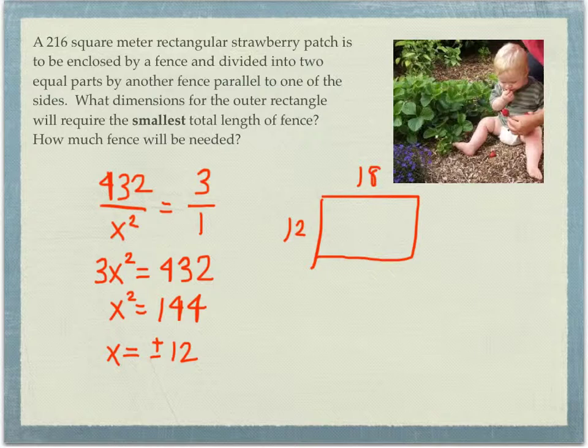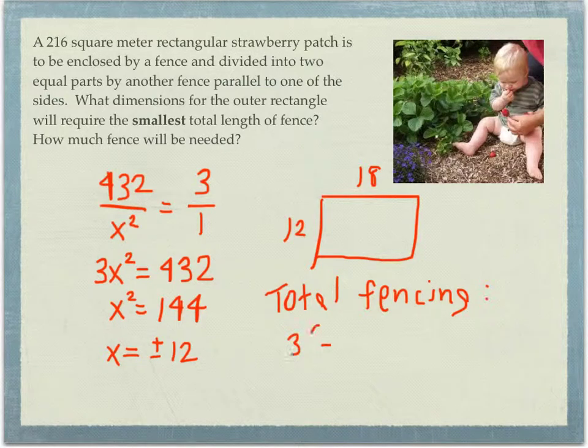So there's my dimensions, 12 by 18, and the total length of fence that I need, remember we have that stuff in the middle there, so I'm going to need 3 times 12, because there has to be one here, here, and here, right? 3 times 12, and then plus 2 times 18.